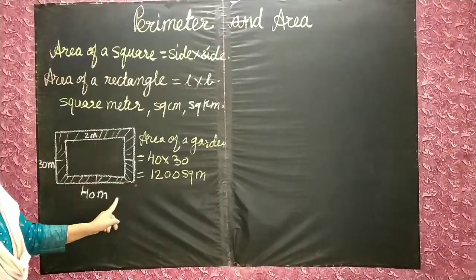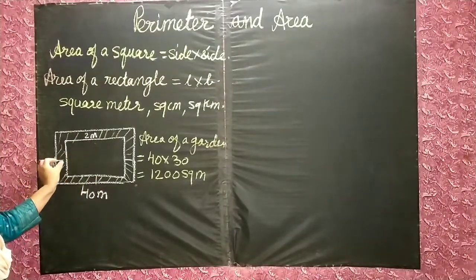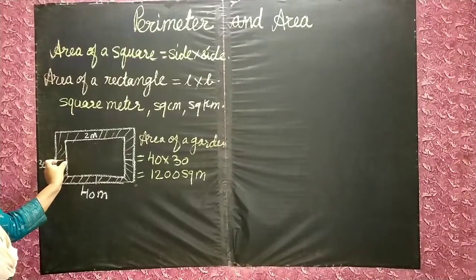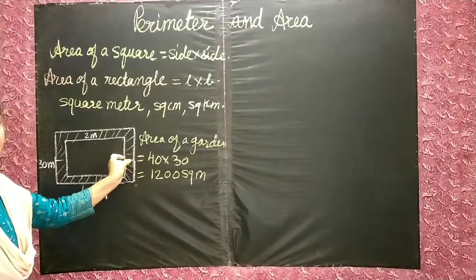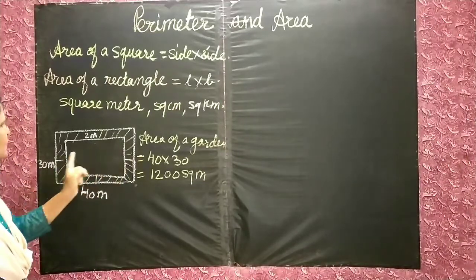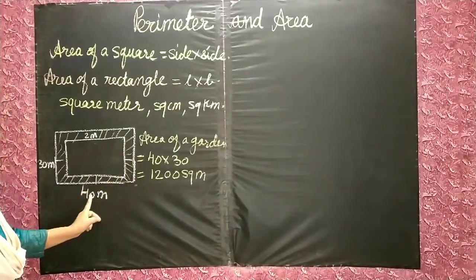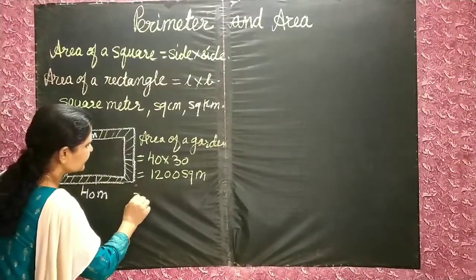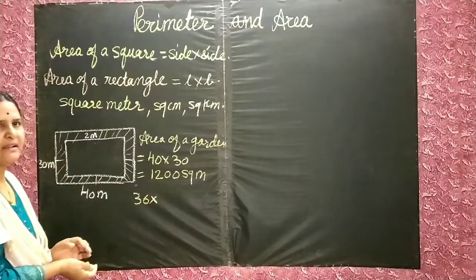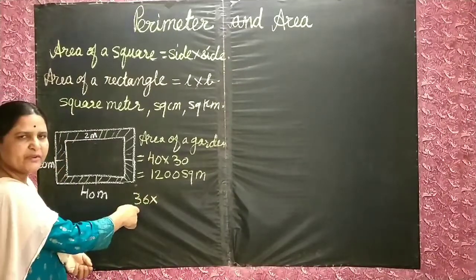But we have to decrease 2 meter on this side and this side. That means 2 plus 2, how much? 4 meter. 40 minus 4 is 36.